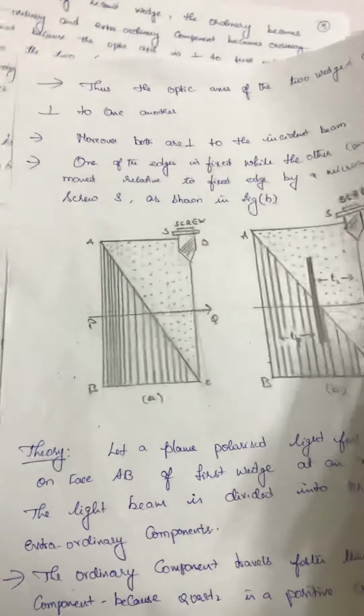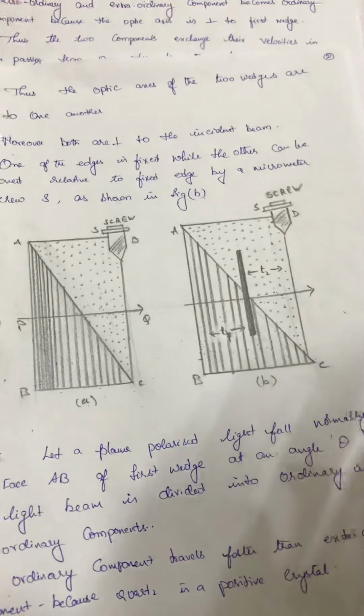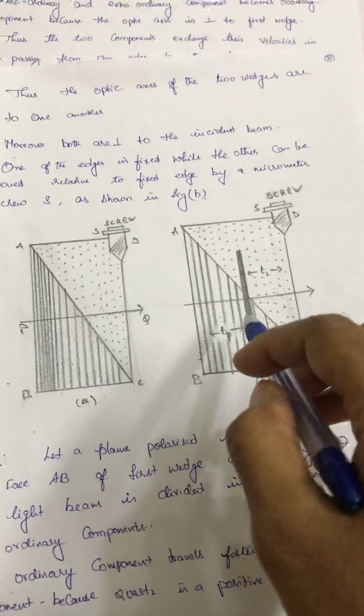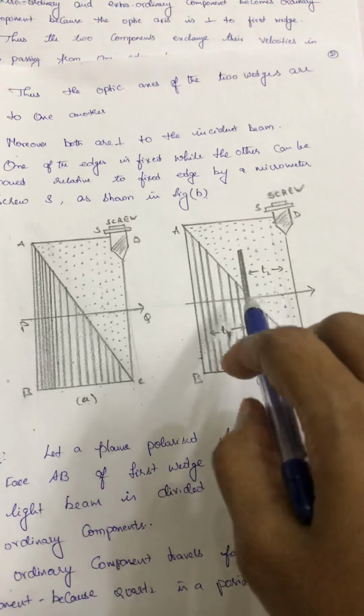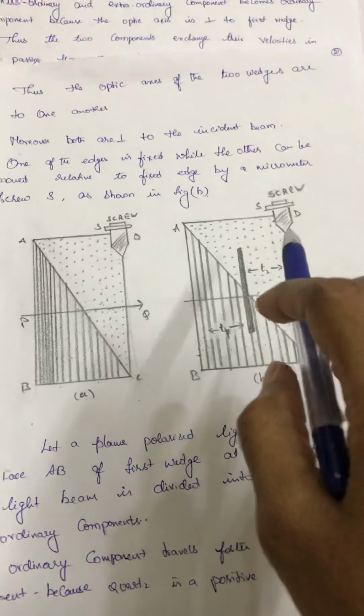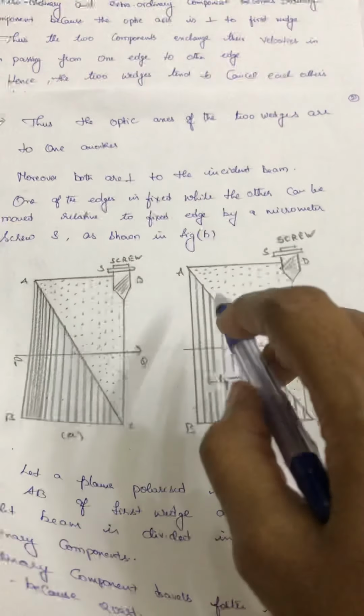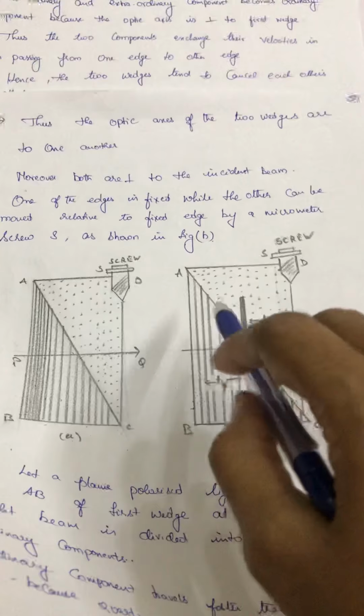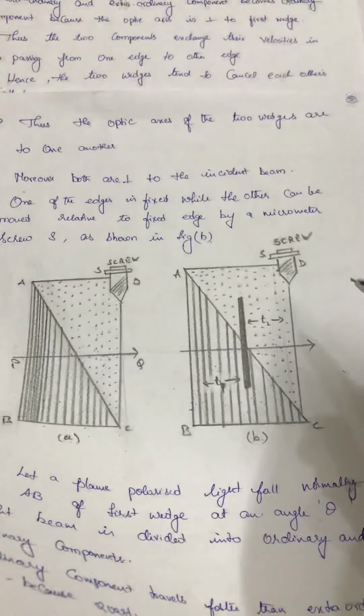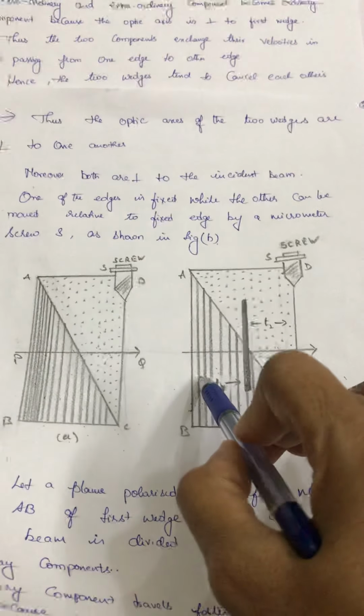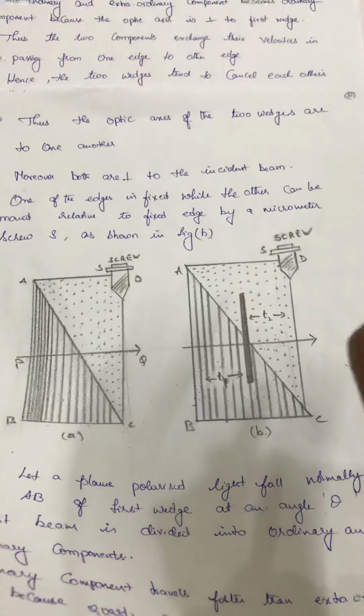That means the optic axis of the second wedge is perpendicular to that of the first wedge. Thus the two components, ordinary and extraordinary, exchange their velocities in passing from one wedge to the other.